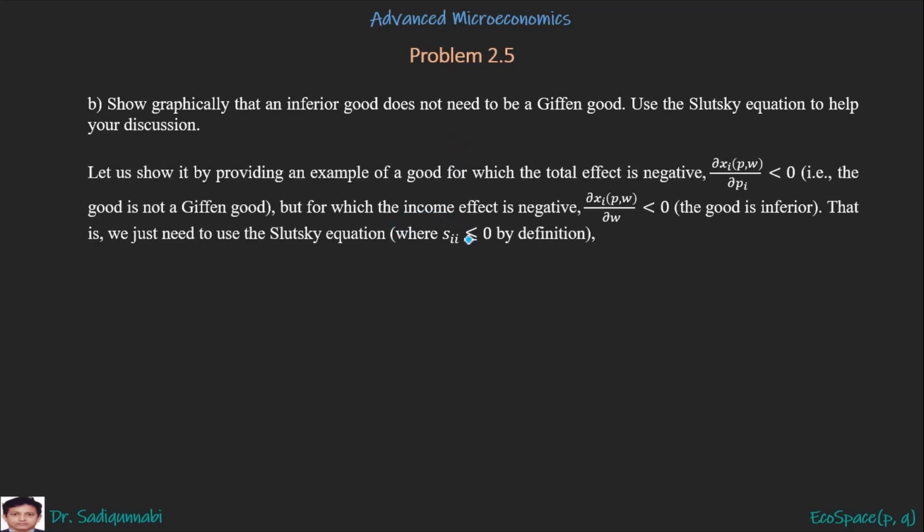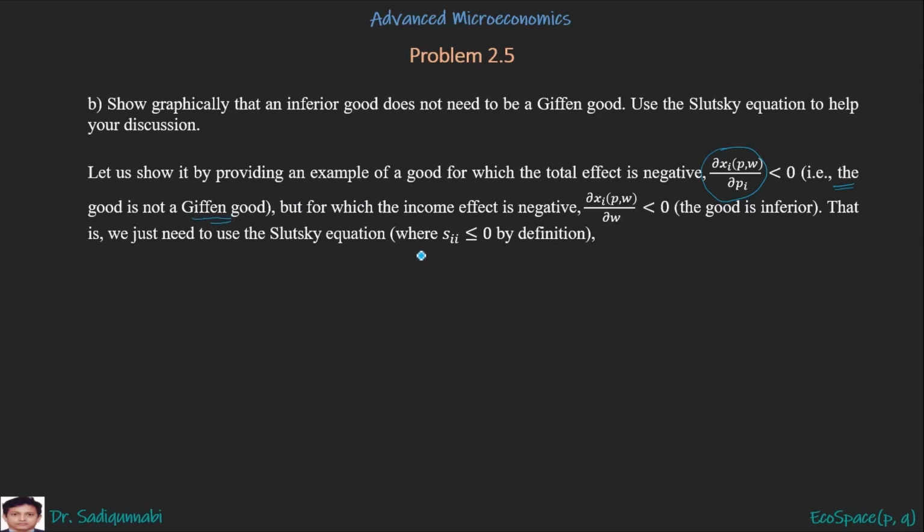So let's show it by providing an example of a good for which the total effect is negative. If the total effect is negative, then the good is not a Giffen good.